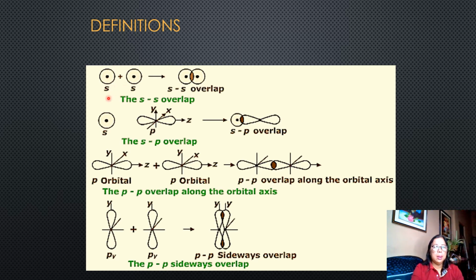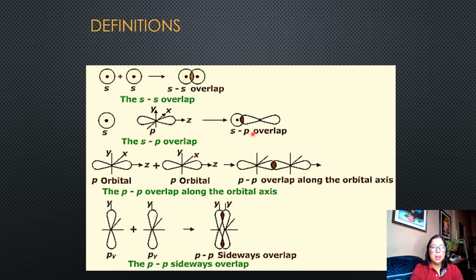If bonded together, you have the 2s2. So if you have hydrogen and hydrogen, this is how it looks like. Okay? But you could also have your p orbitals here.